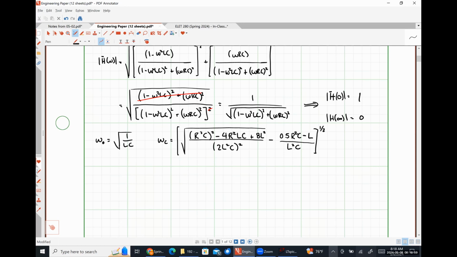Everybody knows that raising it to the power of 1/2 is the same thing as taking the square root. So this is our -3 decibel cutoff.